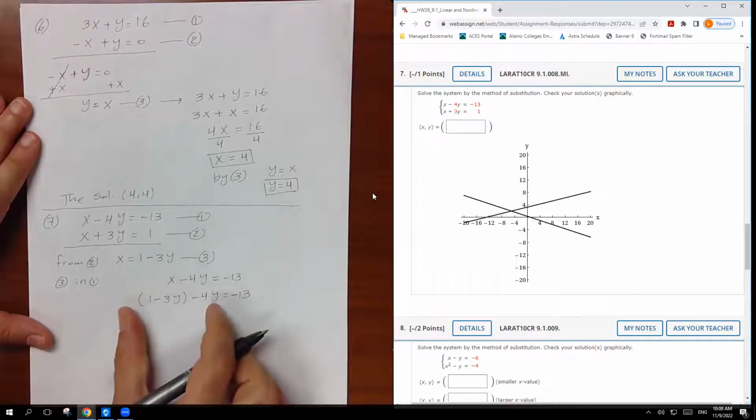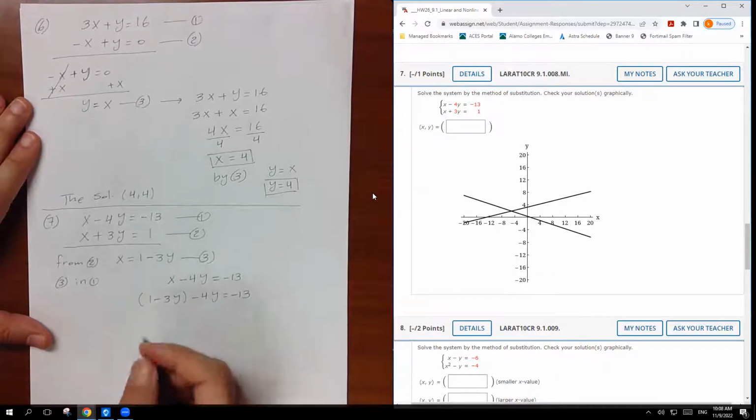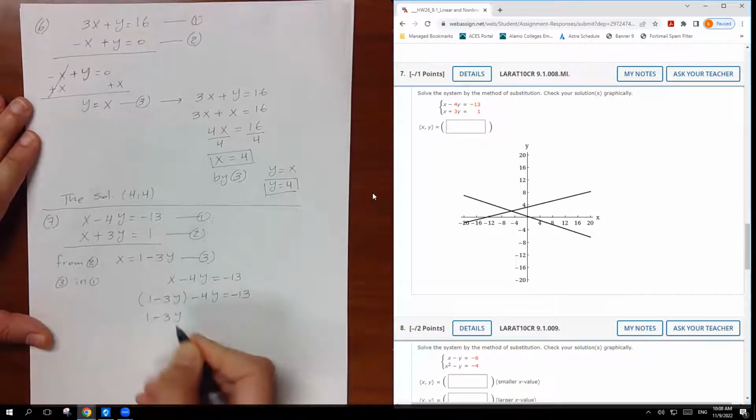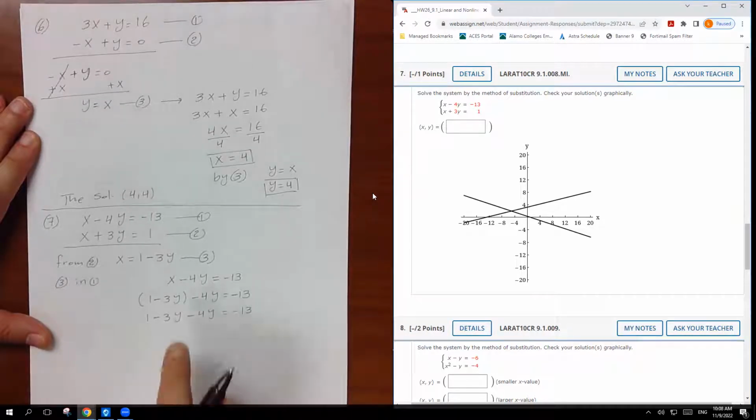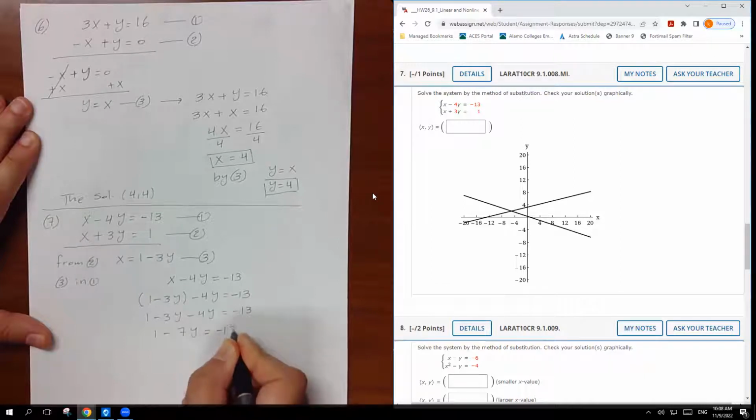Now we need to simplify this one. We can't distribute, so I'm going to keep 1 minus 3y minus 4y equals negative 13. Combine the like terms here, so it's 1 minus 7y equals negative 13.